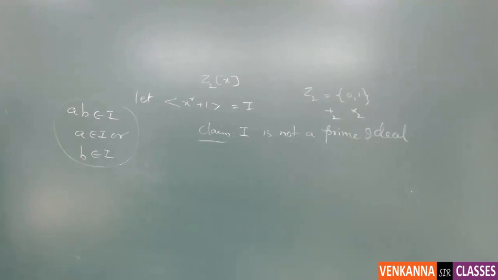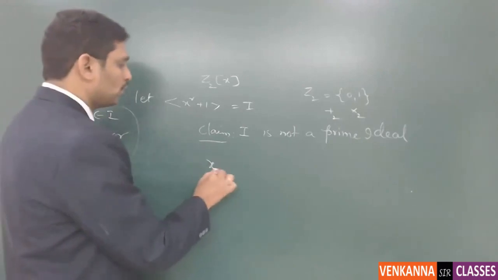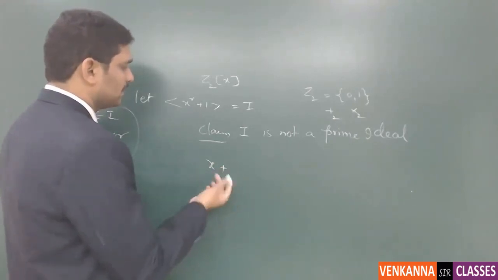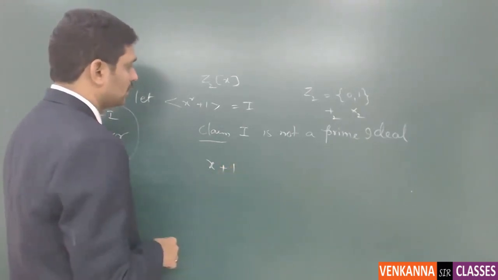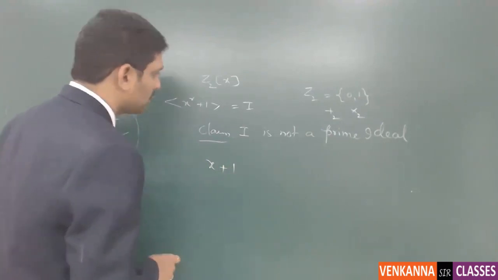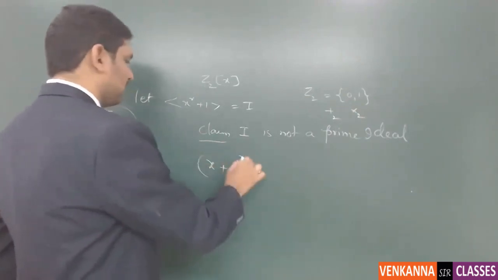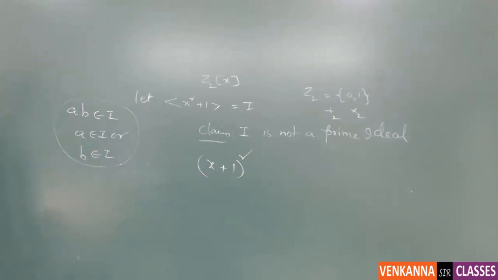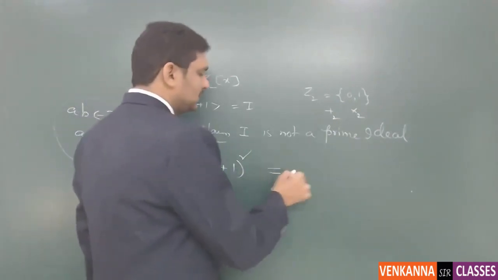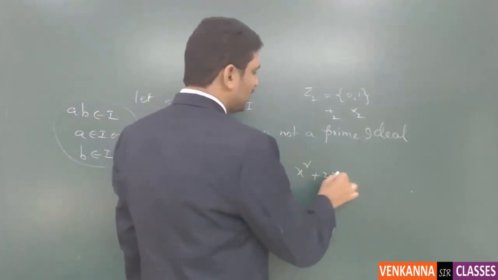Fine. Now, I am considering the value x plus 1 whole square. If you expand this, it is x square plus 2x plus 1.